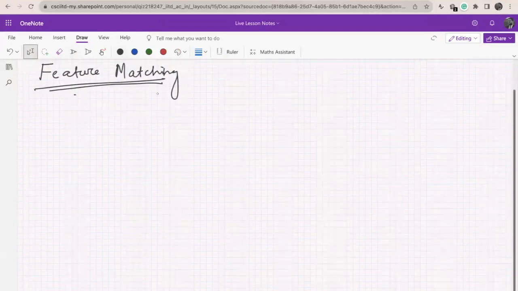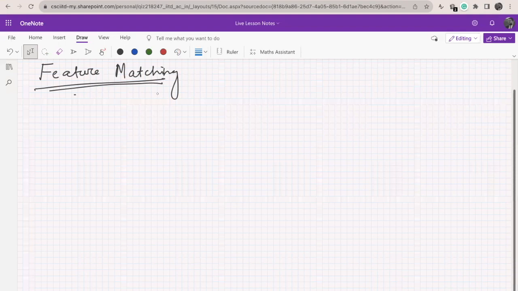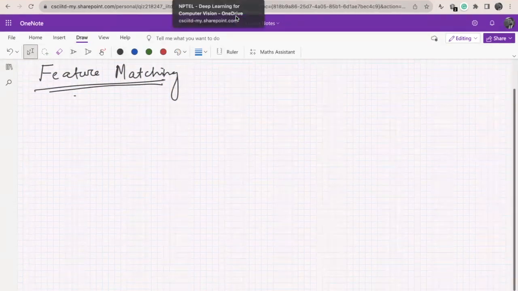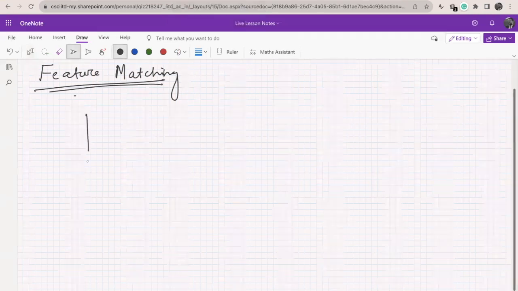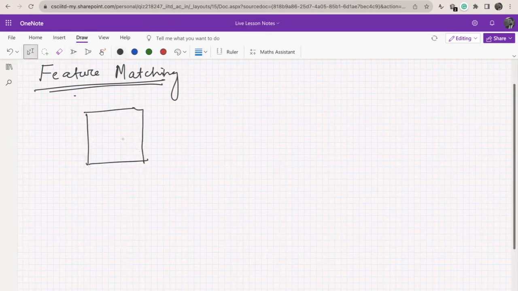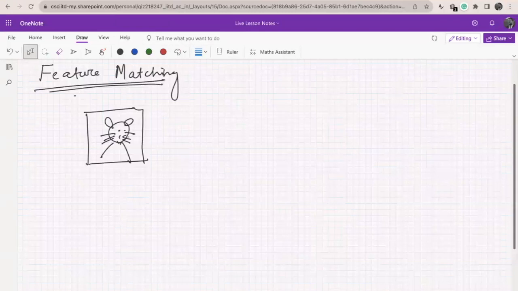So what we learned earlier is that given an image, the goal was to take the image and figure out what are the features in the image. Let's say there is the image of a cat, and initially we tried to get the edges of it.